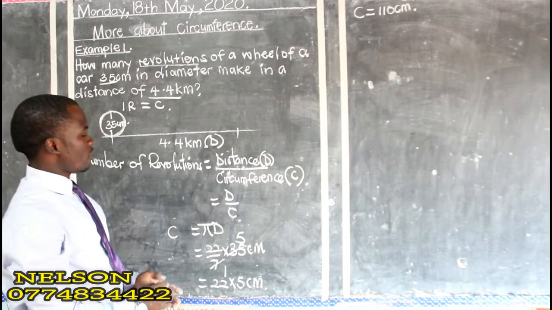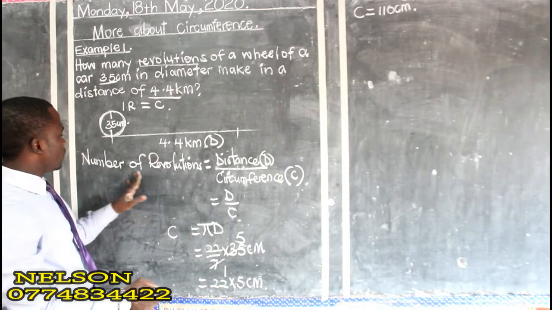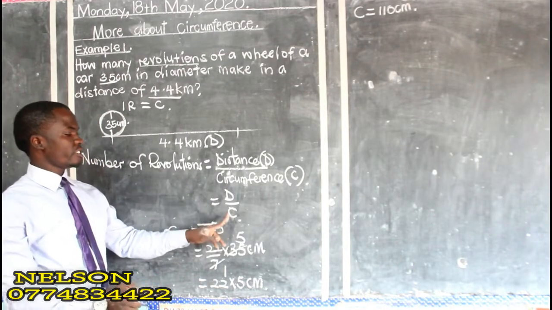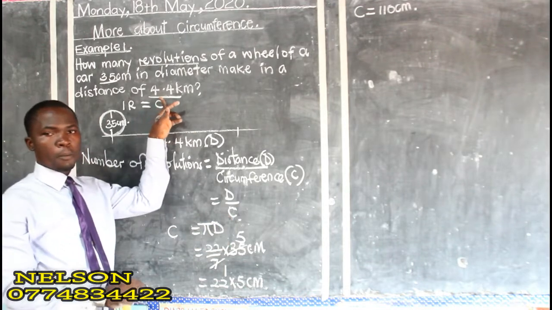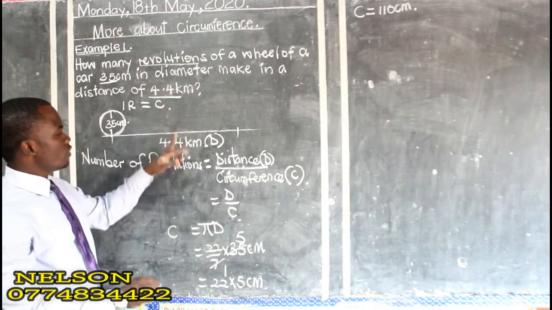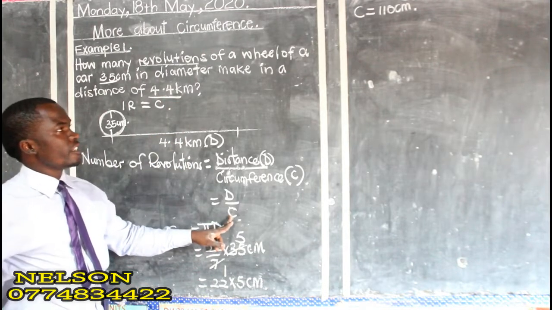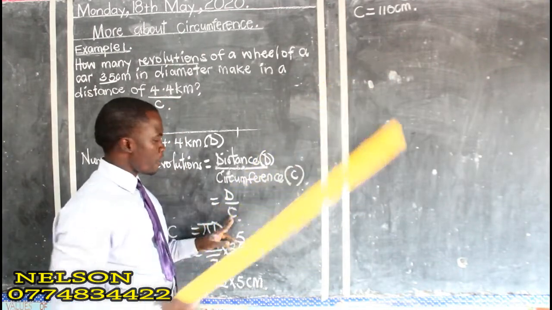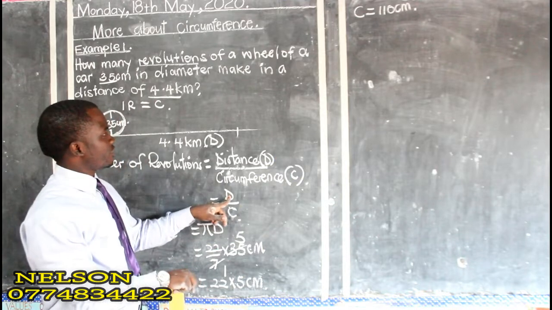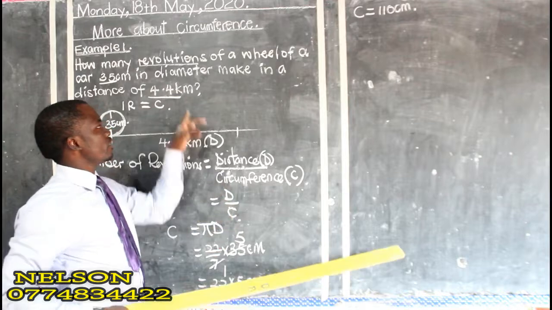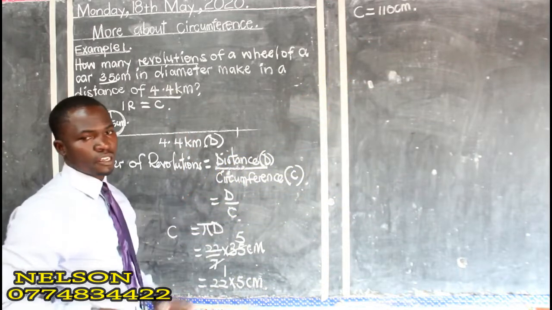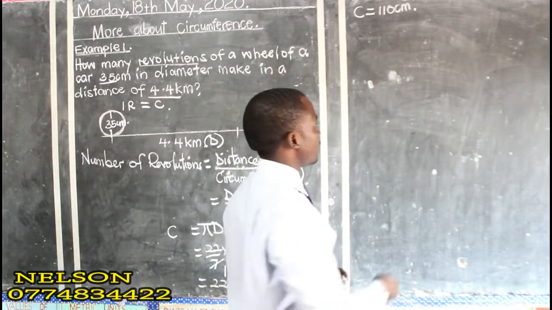Let's get back to our formula now. Number of revolutions equals distance out of circumference. Do we have distance? Yes, it is 4.4 kilometers. Do we have the circumference? Yes, we have got it. But now look, our distance is in kilometers, and our circumference is in centimeters.